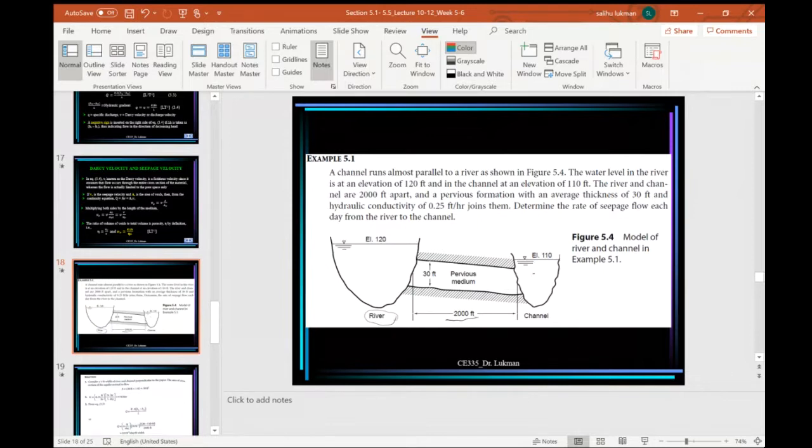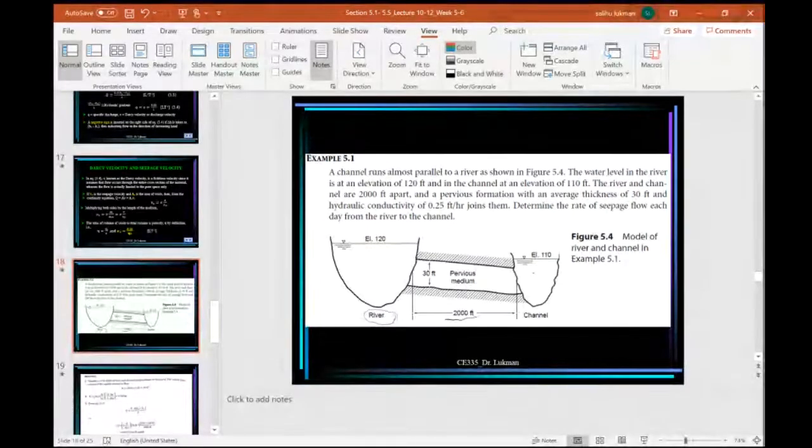The formation is 2,000 feet long with an average thickness of 30 feet and a hydraulic conductivity of 0.25 feet per hour, and joins them. So this is the pervious medium, with a thickness of 30. Determine the rate of seepage flow each day from the river to the channel.